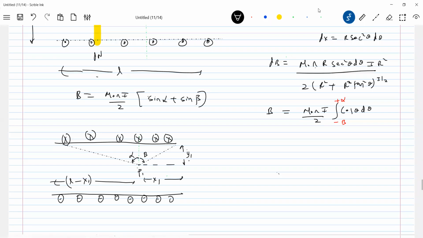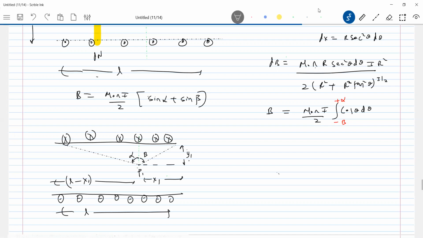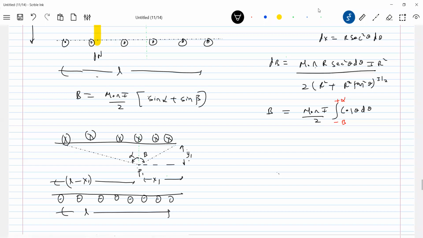You locate the point P1, and we know the length of the solenoid is L, so calculate this distance Y1. From Y1 and X1, you'll get beta. Similarly calculate alpha, because L minus X1 we can calculate. Substitute in this formula, you'll get the field. As you move this point inside the solenoid, alpha and beta are going to vary, so the field inside the solenoid will be non-uniform.